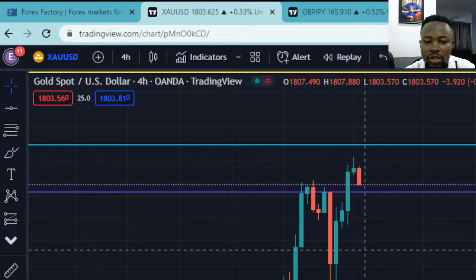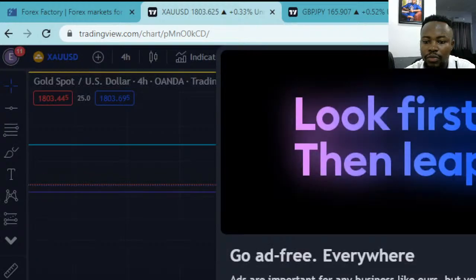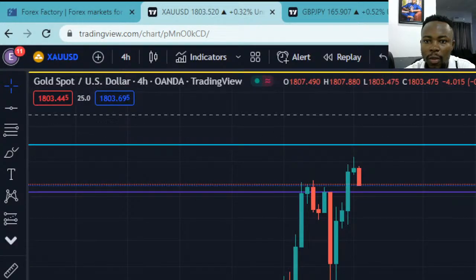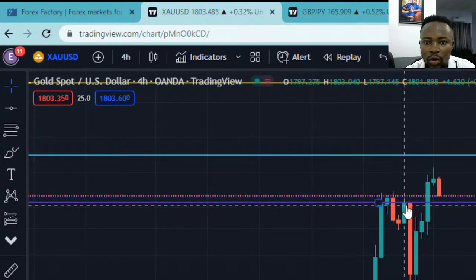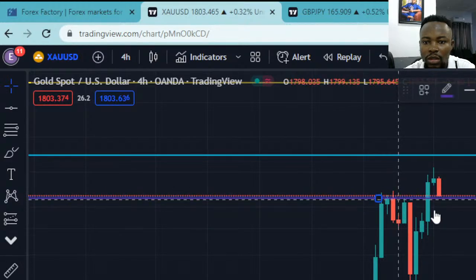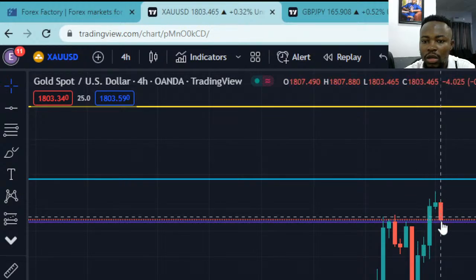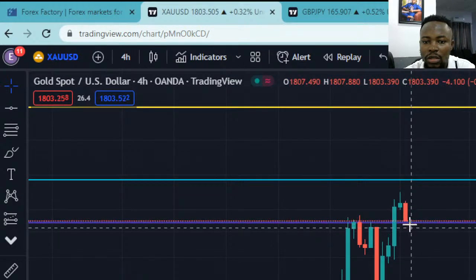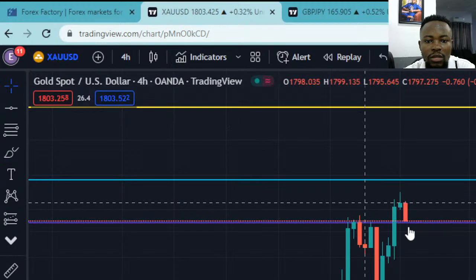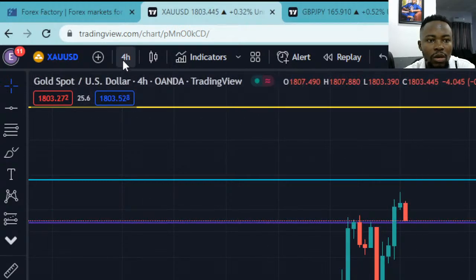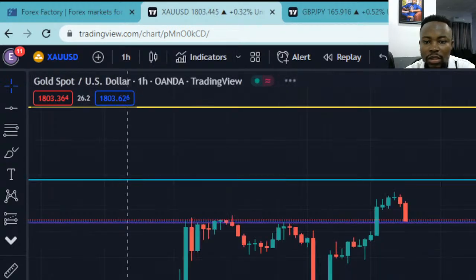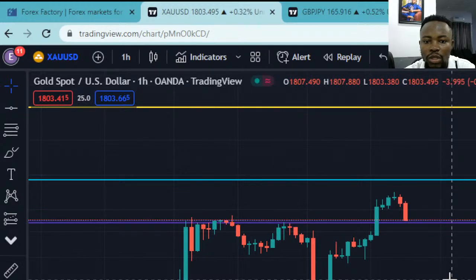We closed above resistance at this point. We closed above this resistance, and the next 4 hours candle closed as a weak bodied candle, right? So let's identify what we can do on the 1 hour time frame and on the 30 minutes time frame where we'll be taking the trade.